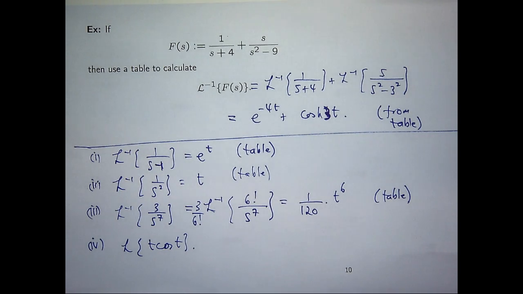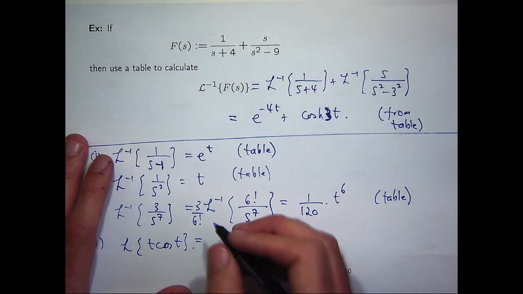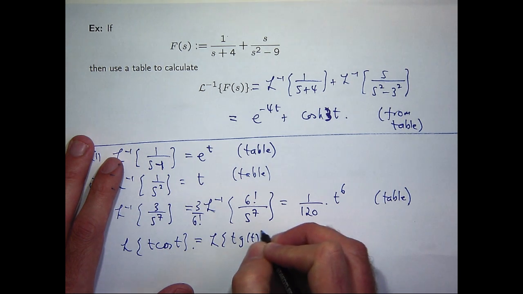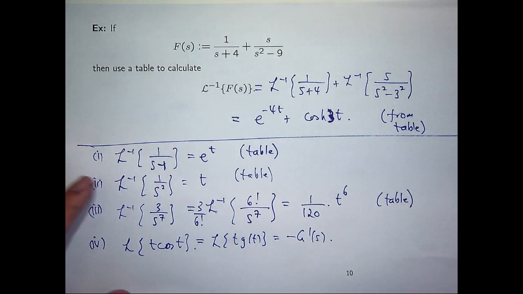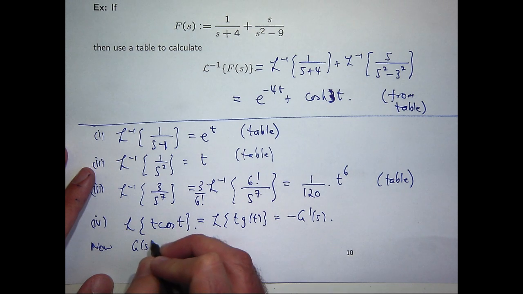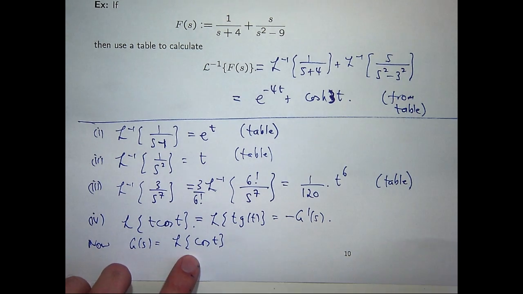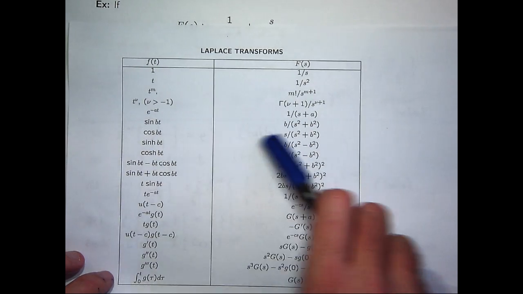So using the table of transforms, I can come up with the following. The Laplace transform of cosine t, well, let's see if I can find that. Yeah, so the Laplace transform of cosine t is going to be s on s squared plus 1.